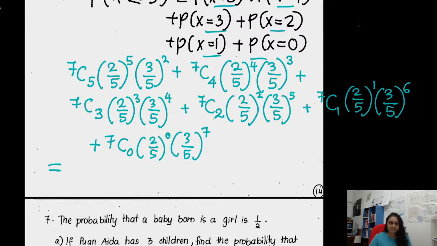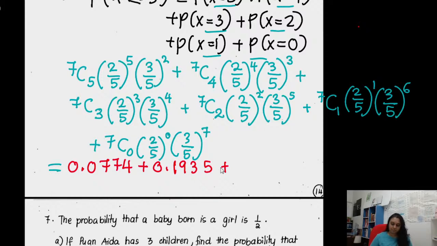See whether you're getting the same answer as teacher or not. 7C4, and then just change to 4 and change to 3. Dapatlah 0.1935. Okay, tambah lagi 7C3.